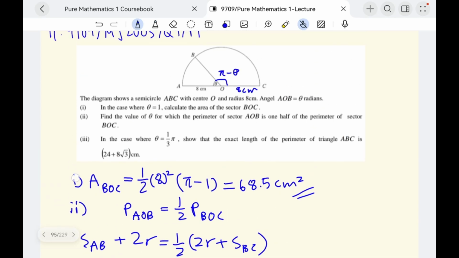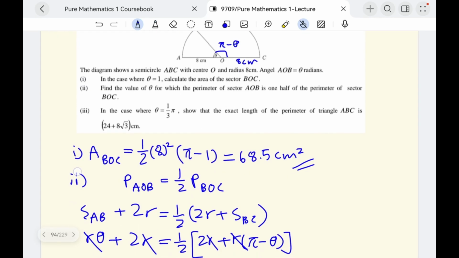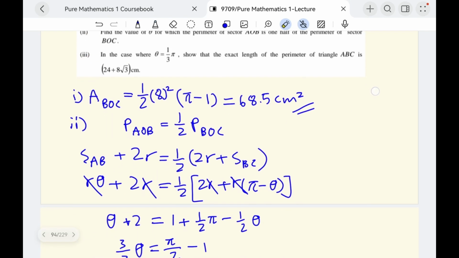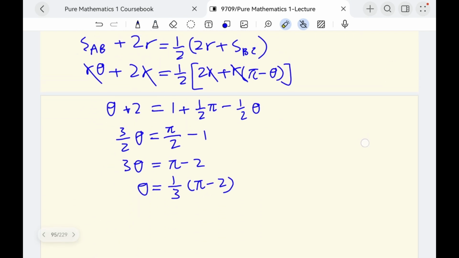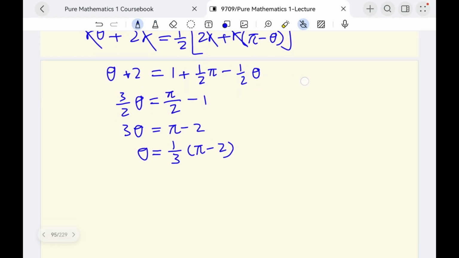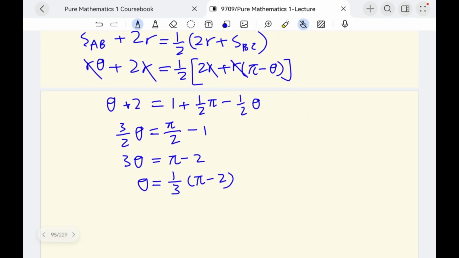Although the question in part 2 does not have any requirement for a specific form, it is good news because it is not mandatory for you to leave it in exact form. So you can leave it in either the exact form or decimal form if you wish.